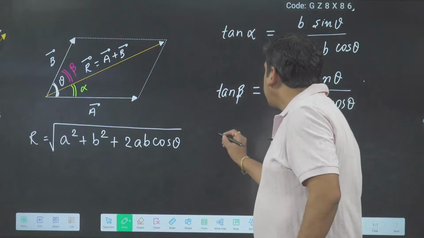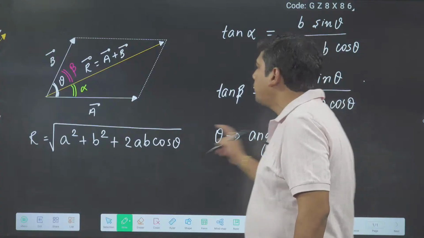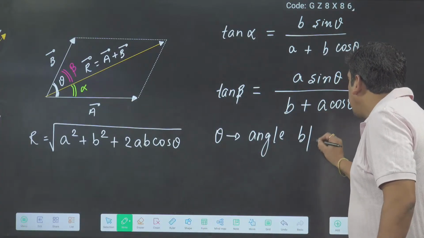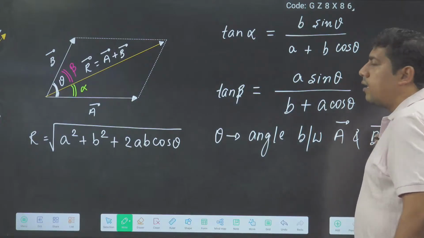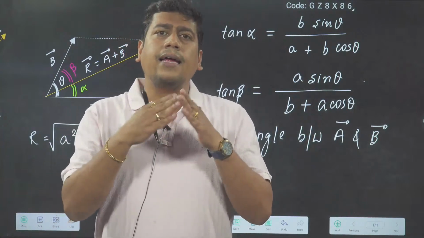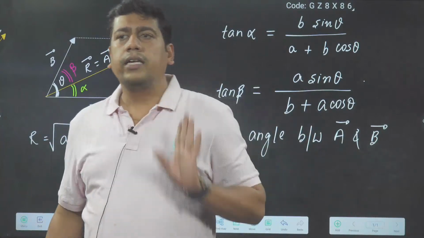Okay, so understand what is theta. Don't get confused between theta and alpha or theta and beta. Theta is the angle between the vectors which we are supposed to add. The angle between those two vectors which we are going to add, that angle is theta.